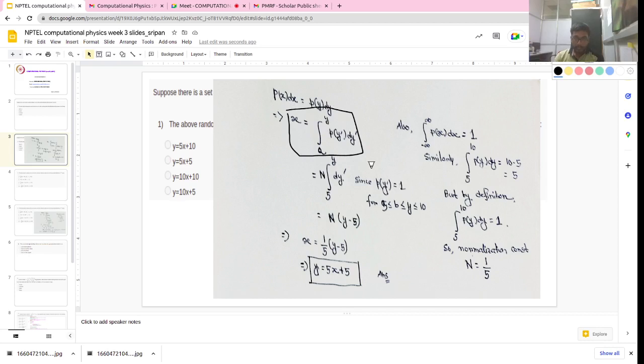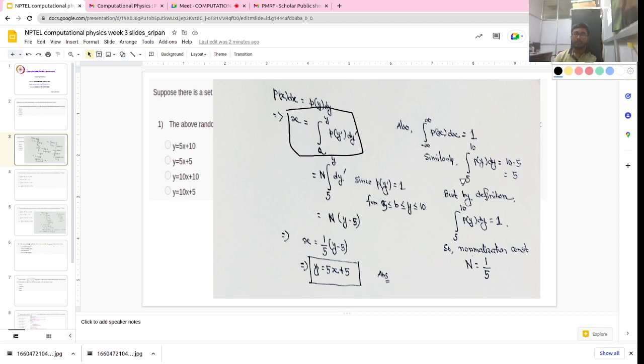We also have to consider the normalization criterion, which means that if we have a function like px and integrate it from minus infinity to plus infinity, it will give us 1. So for this case, the integral of px dx from 0 to 1 will be 1.